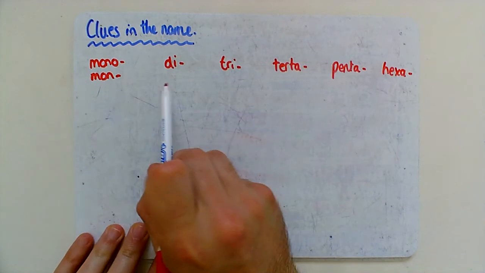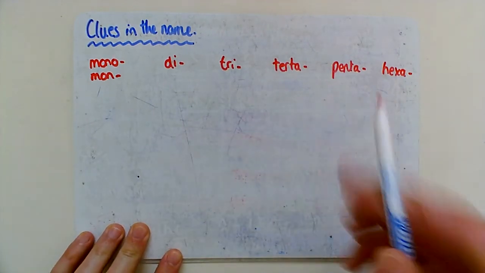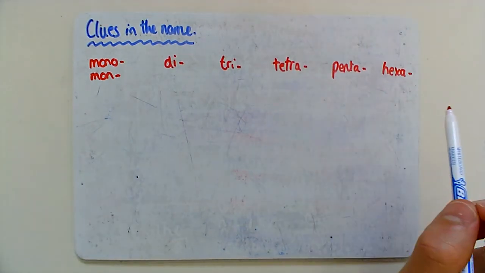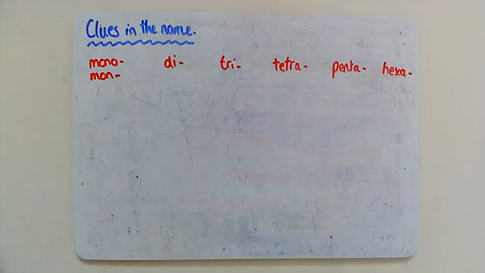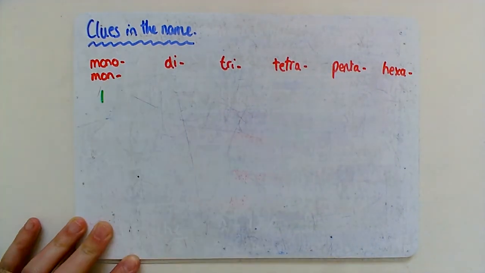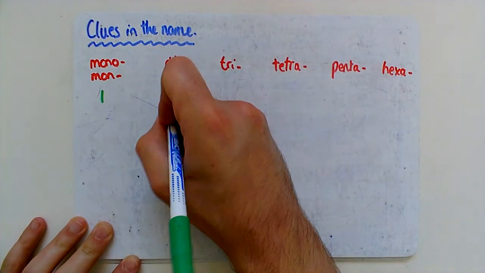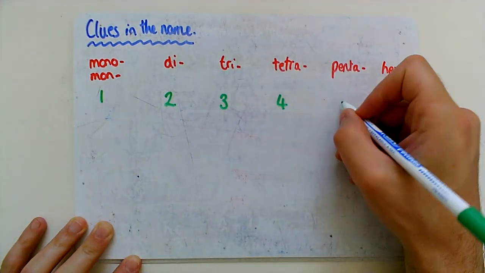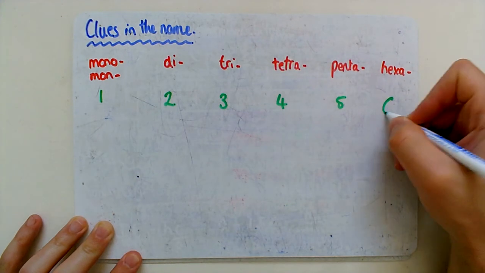Sorry, I spelled tetra wrong there. If those feature in the name, you should be able, just by looking up the symbols, to write out the chemical formula. That is because mono in front of part of a chemical name means there's 1 of it. Di, 2, tri, 3, tetra, 4, penta, 5, and hexa, 6.